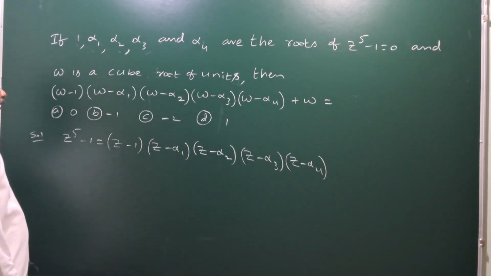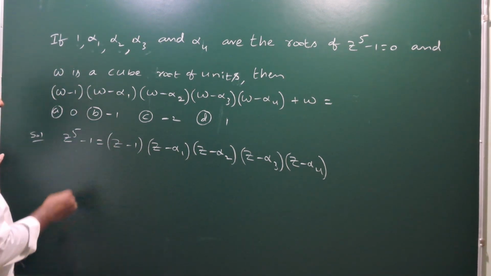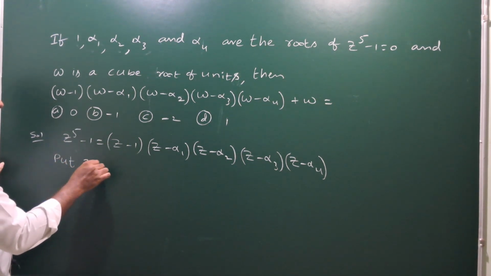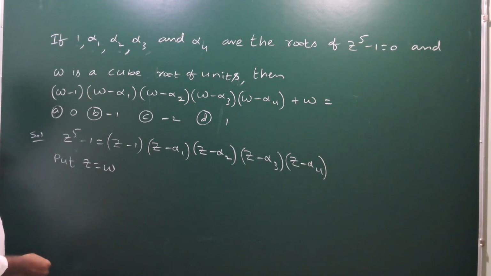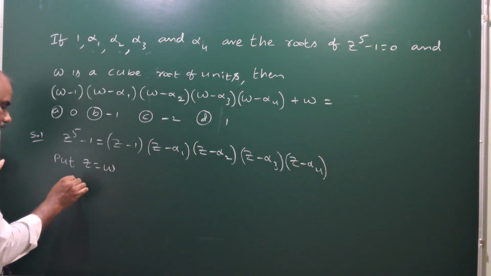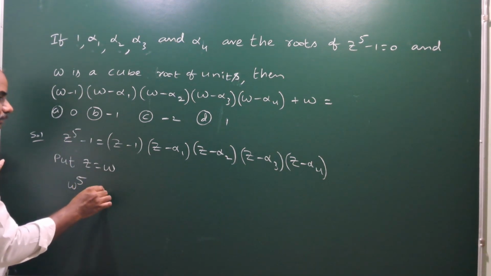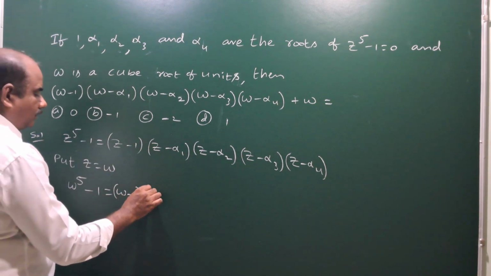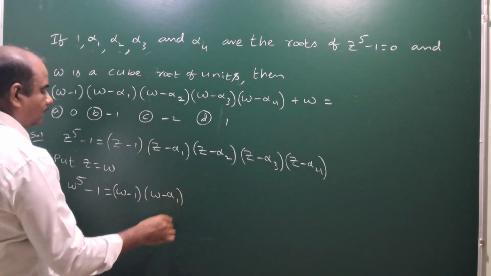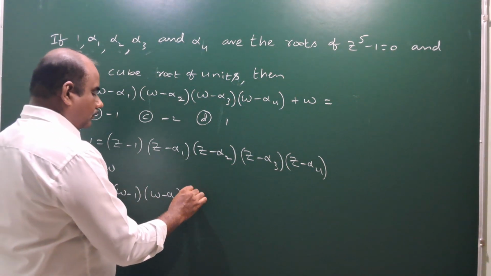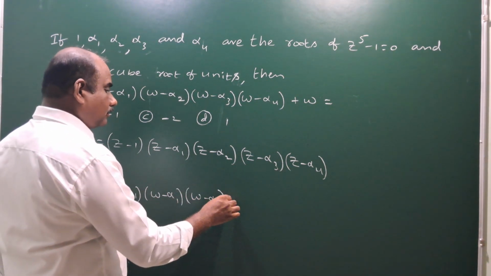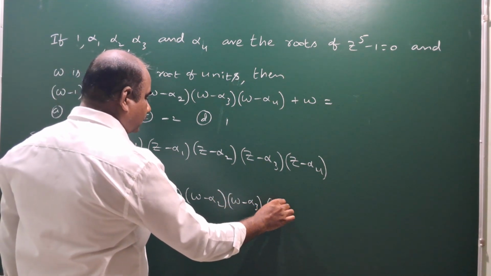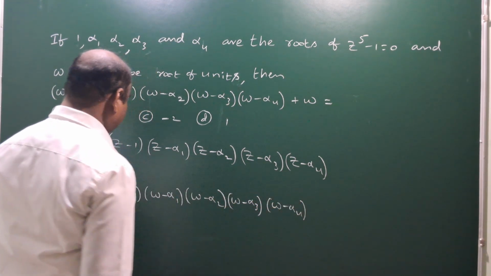Now replace z with omega. Put z = omega. That means omega^5 - 1 = (omega - 1)(omega - alpha 1)(omega - alpha 2)(omega - alpha 3)(omega - alpha 4).